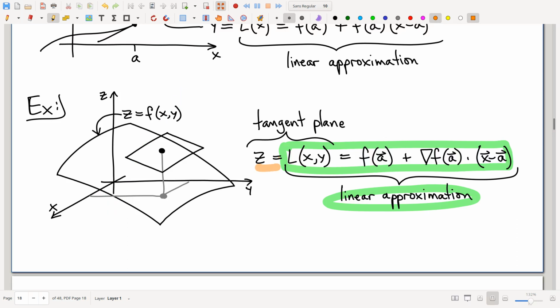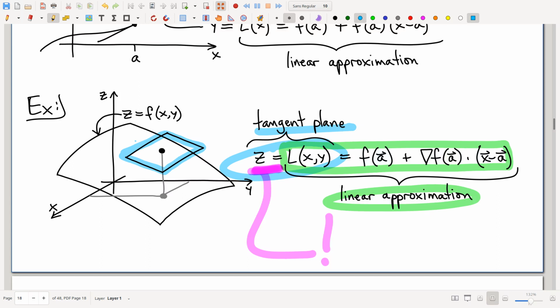If we take the graph of that linear approximation, then the result is this equation, which is the equation of a plane, and that is what we call, no surprise, the tangent plane for a multivariable function.